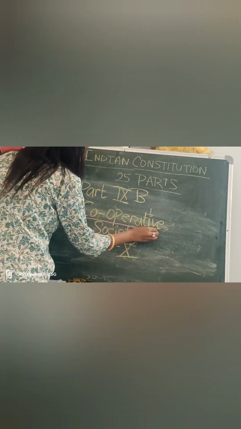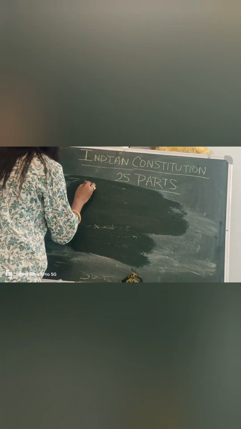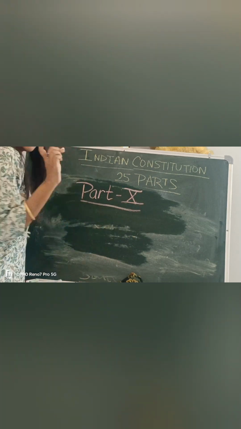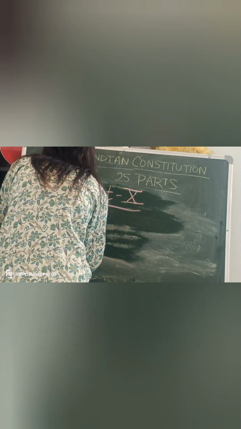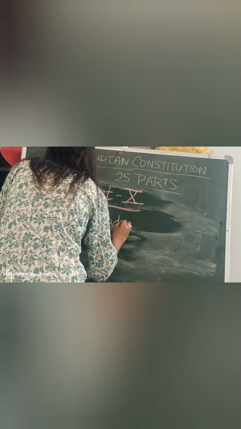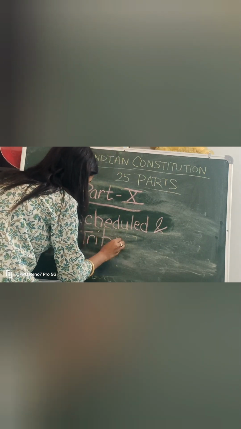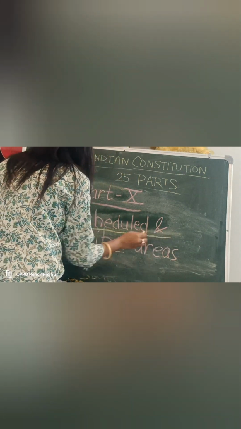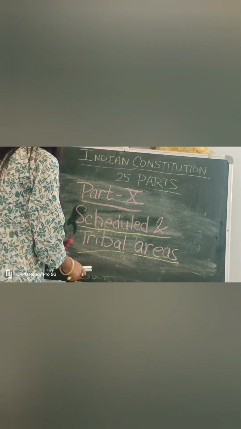Part 9B was cooperative society, and part 10 is about schedule and tribal areas. Right? Now let's move to part 11.